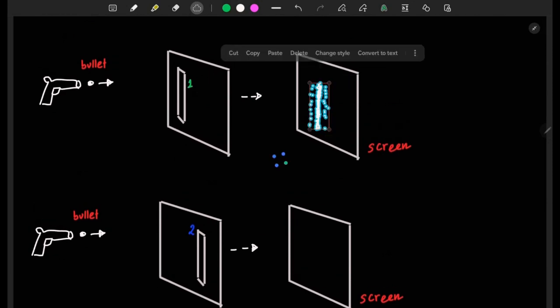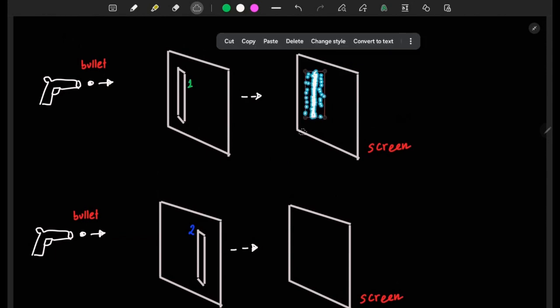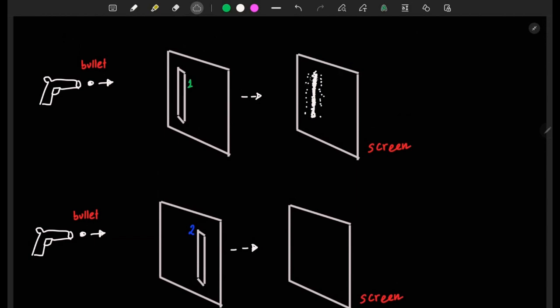Behind slit 1 you'll see a collection of bullets, a high density pattern, telling you that most of the bullets that pass through the slit end up right behind the slit. That is understandable, while some may be deflected and collect somewhere to the sides, but nothing far to this side or down the middle. Most of the bullets are going to end up right behind the slit.